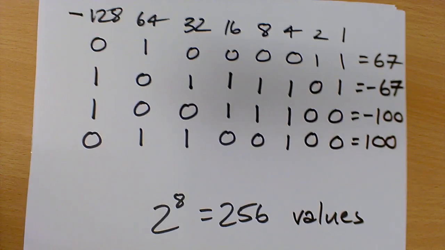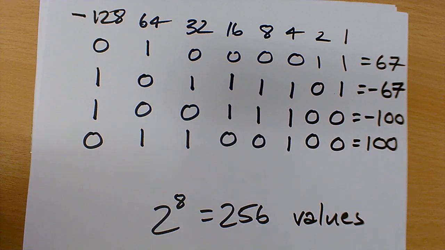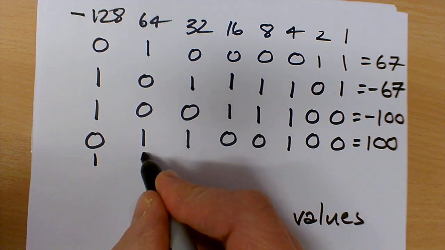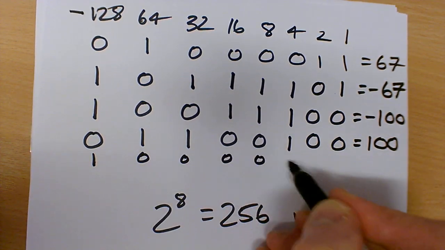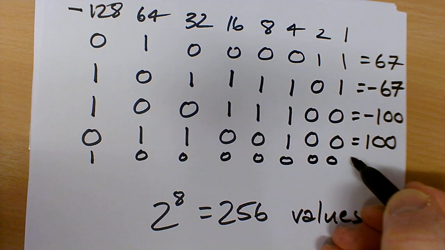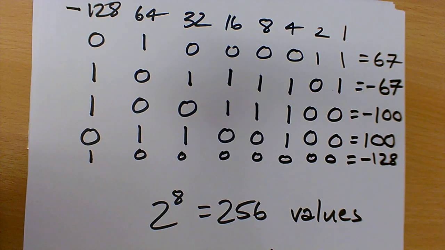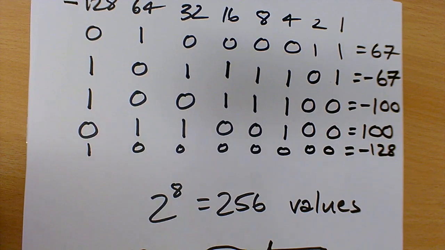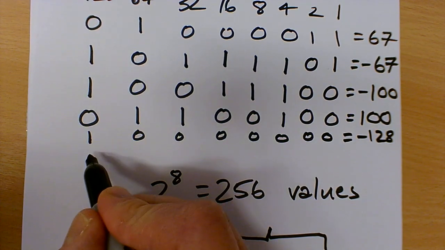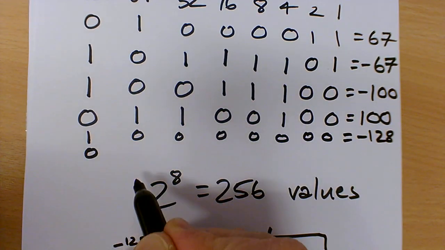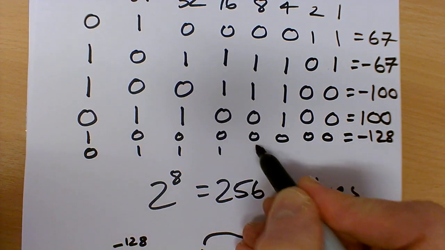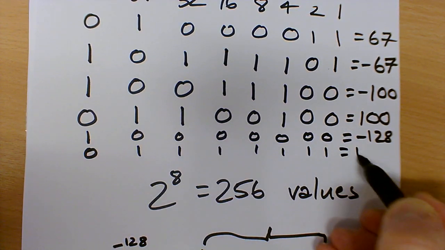Now, what's the lowest value I can get? Just with 8 bits, I'll give you a moment to see if you can work it out. It's going to be, stick a 1 in there, and not add anything on: negative 128. And what's the highest value going to be? Well, if I don't do that, I just add all these together: 127.